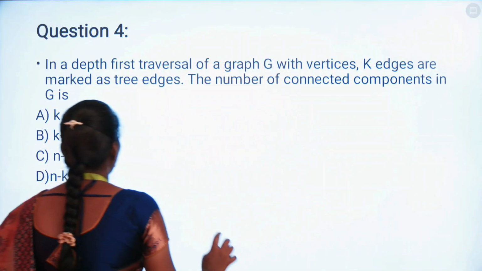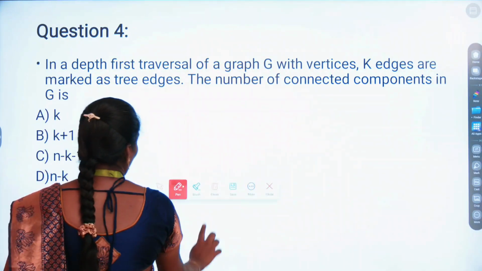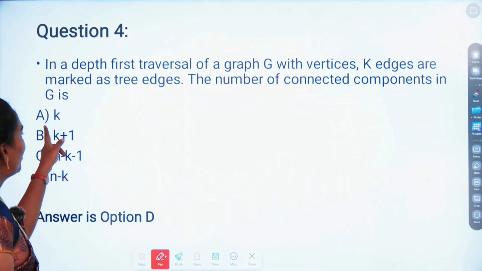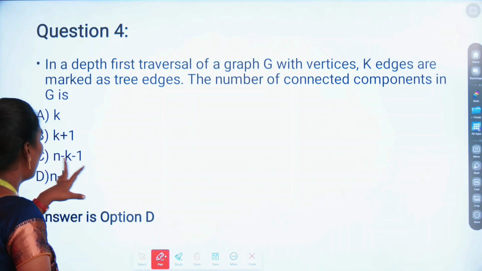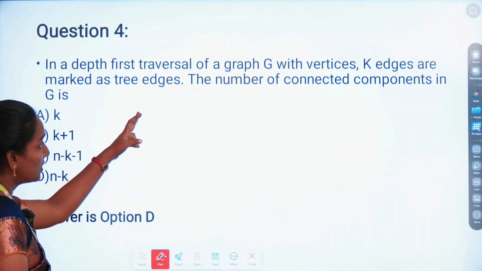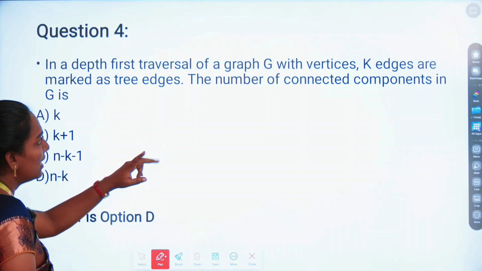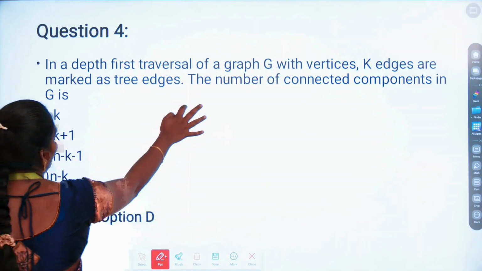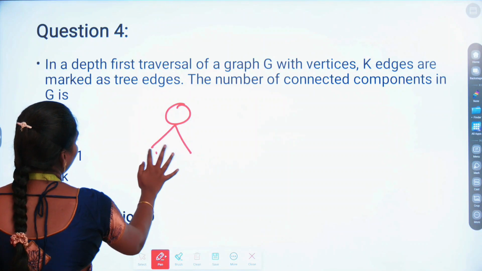Let us check one by one. So the options are K plus 1, N minus K minus 1, N minus K. What is the question? Depth first traversal of a graph G with N vertices, K edges. Okay, let us take a graph.